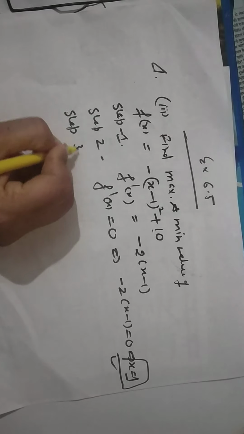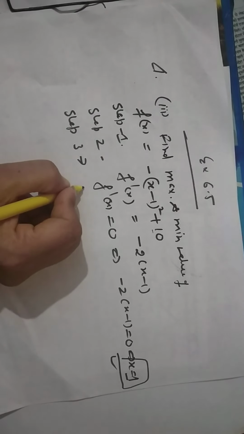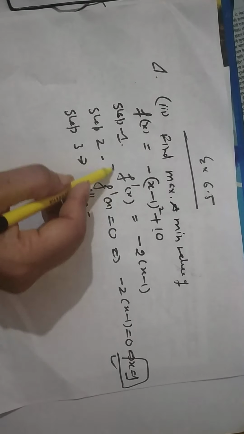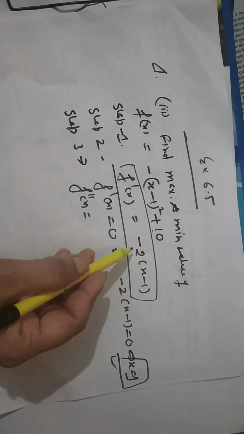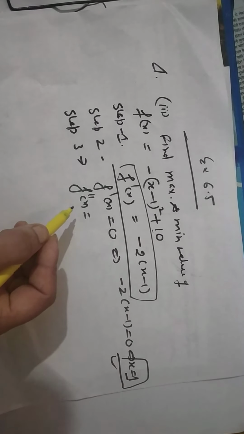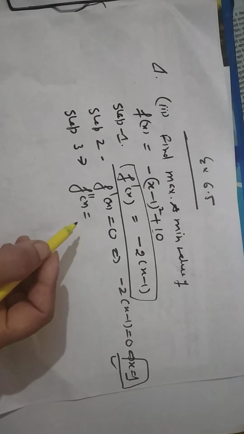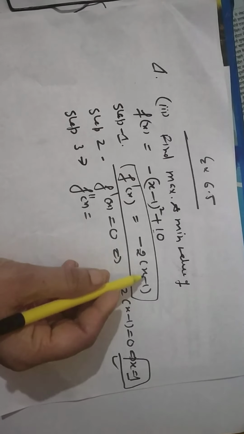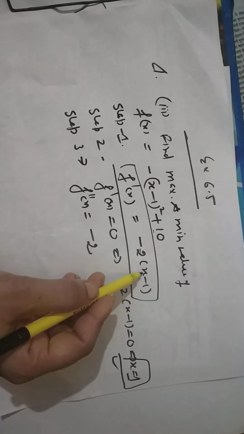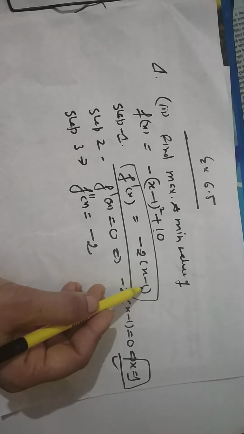So step 3 is we find f double dash x. Again a derivative, this is the second derivative. This double derivative test tells us whether the point is a maximum or minimum. So differentiating this again with respect to x, it will be minus 2, since the derivative of x is 1 and the derivative of minus 1 is 0.